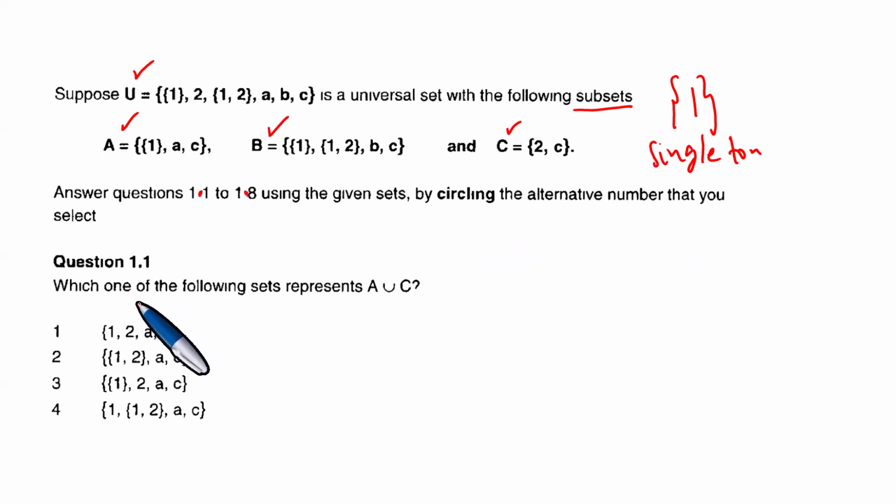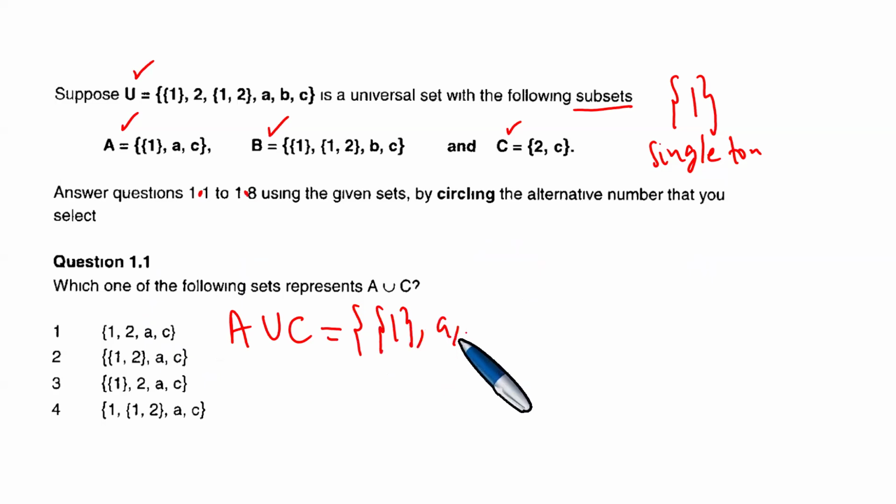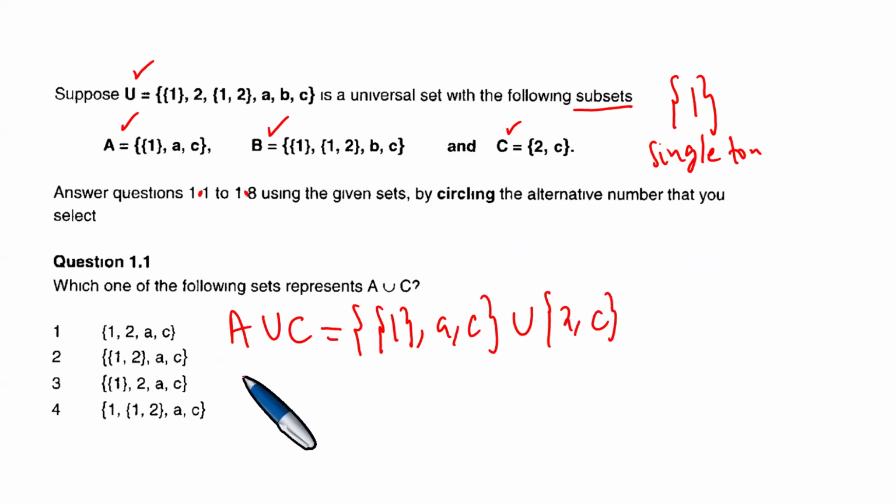Question 1.1, which one of the following sets represents the union A union B? So we understand that in this case, rather A union C. A union C contains 1, A, C, union 2, C, which means A union C becomes the following.